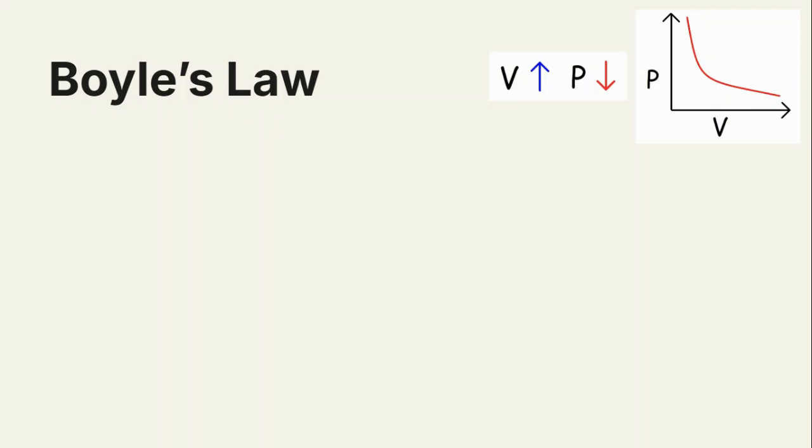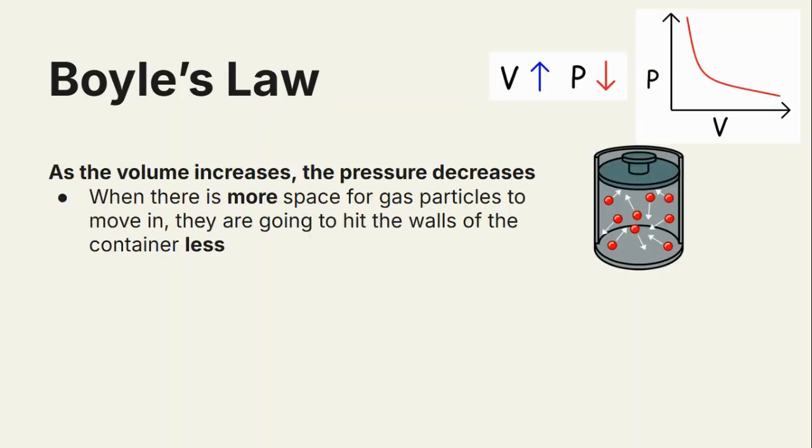So as volume increases, pressure is going to decrease and vice versa. So as volume decreases, pressure increases. That's what inversely proportional means. If we increase the volume, so we have a gas that's trapped in this canister, and we pull this piston up, meaning we provide more space for these gas particles to move around in, they are going to hit the walls of the container less because they have more space to move.